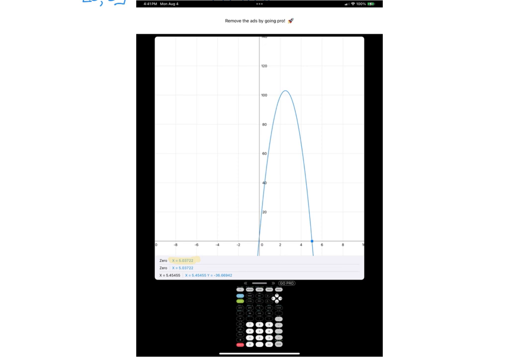And so depending on what we want to round to, our 5 is a good estimate. If we need to go out a little bit further based on whatever the program asks us to round to, then we can always go out to other decimal places. All right, so that is our domain and range.